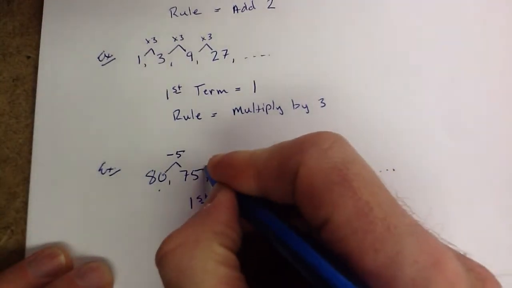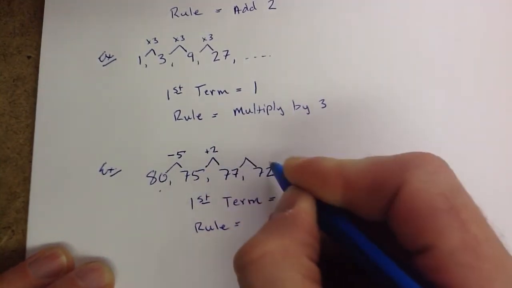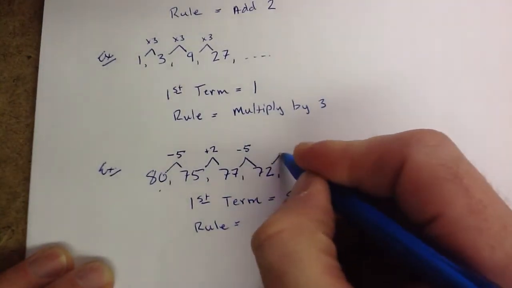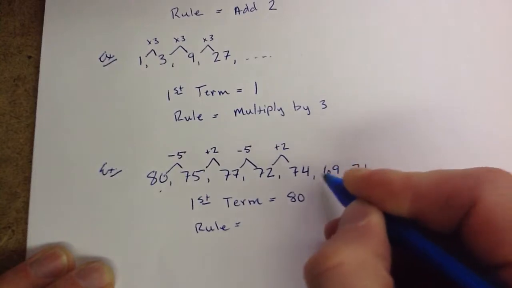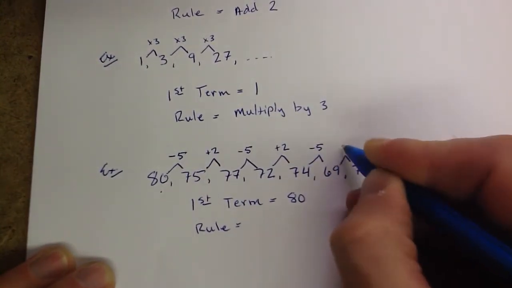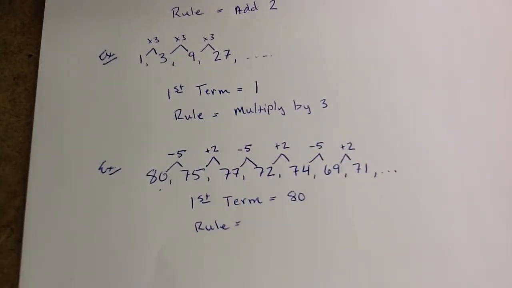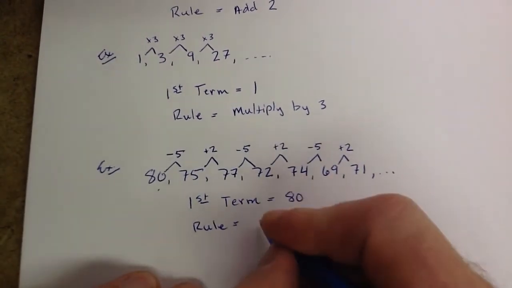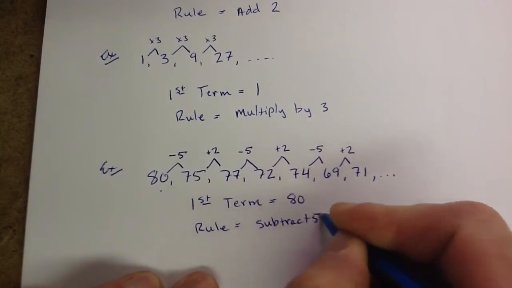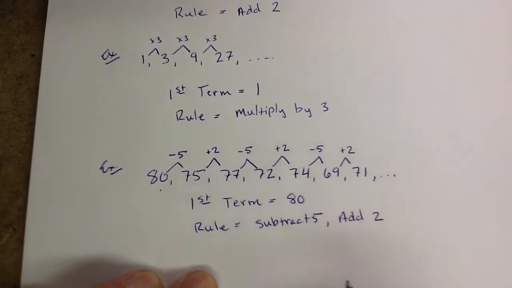Well, that looks like it's going up again, so I would add 2. 77 to 72 looks like another subtract 5. 72 to 74 would be add 2. 74 to 69 is subtract 5 again, and 69 to 71 is add 2. Oh, so this is a two-step rule. So my rule in this pattern would actually be subtract 5 and add 2.